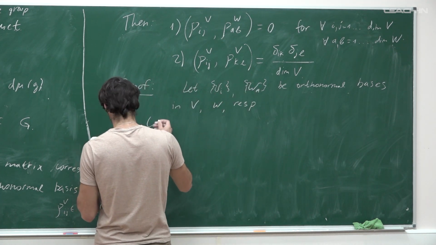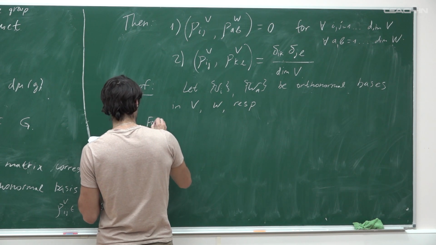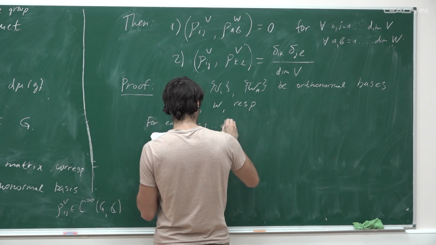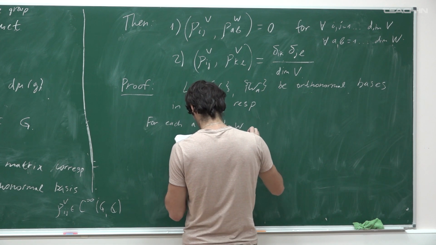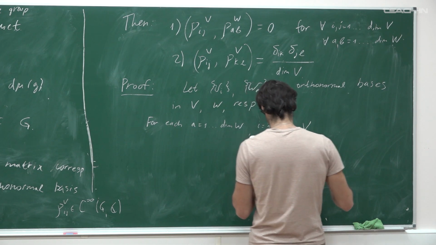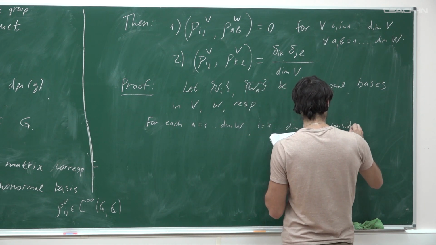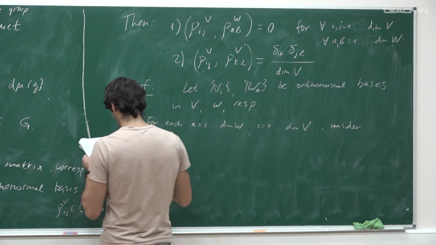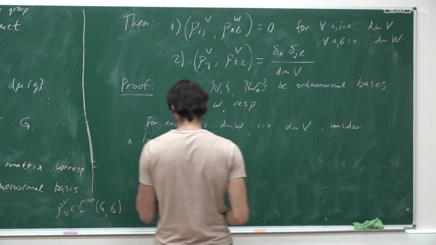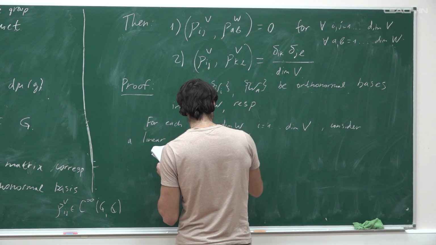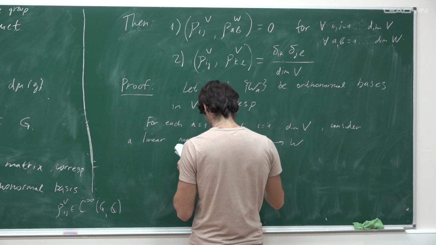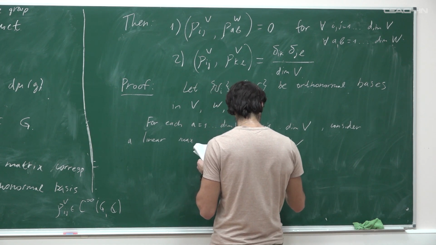Okay. Consider, for each a from 1 to dimension of W and i from 1 to dimension of V, a linear map E_ai from V to W. It sends v_i to w_a.